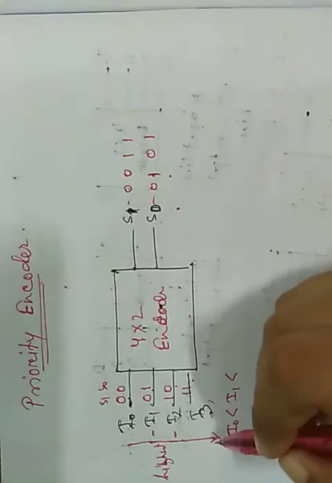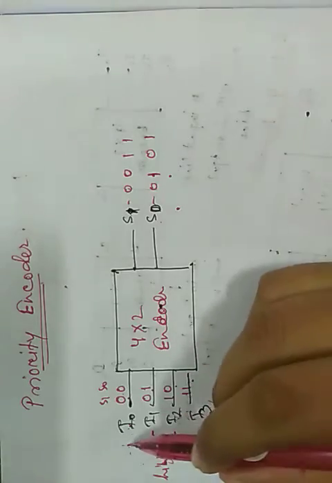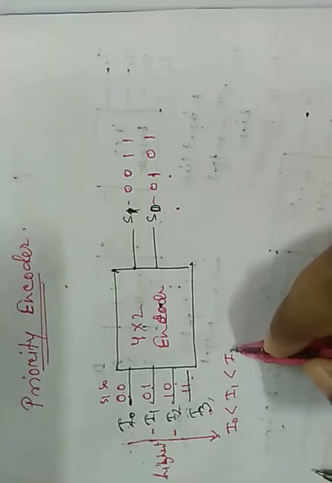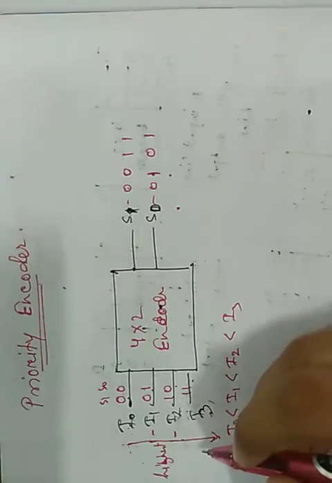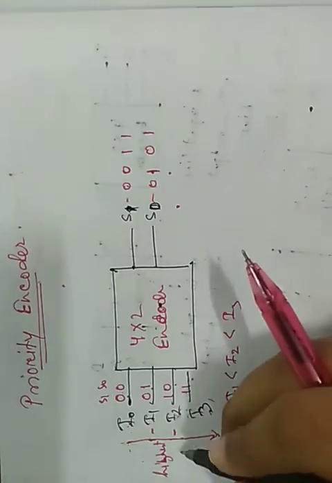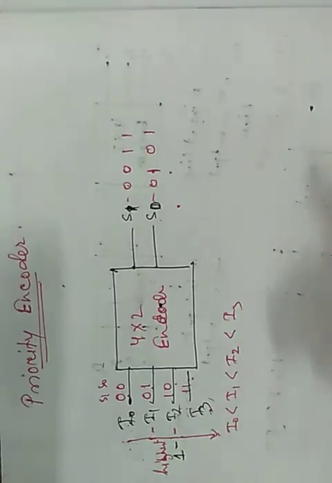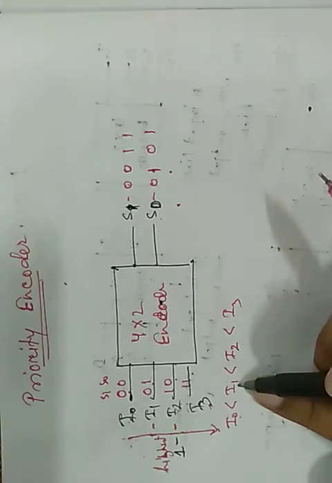I am just giving you an example: suppose our priority is assigned this way from top to bottom. So this is our priority. So what does priority mean? It means that if the value of I2 is high, I2 has higher priority than I1 and I0.